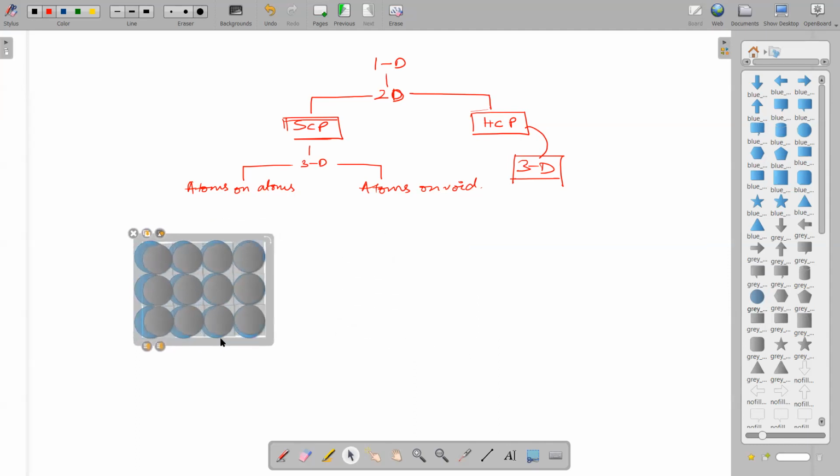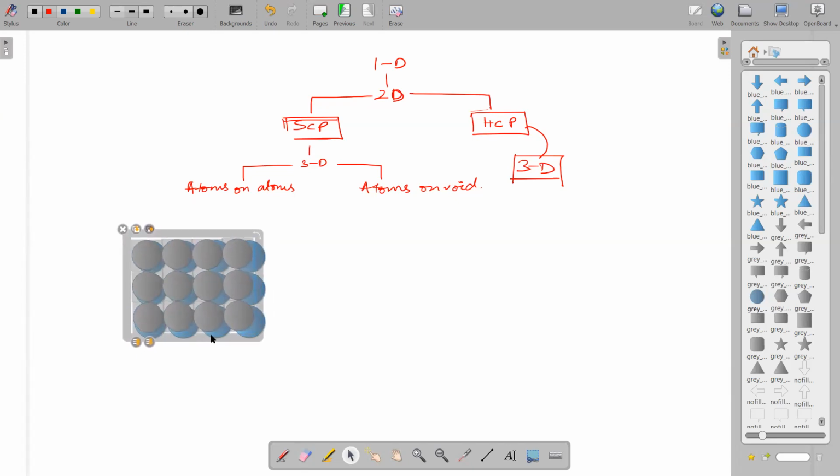Yeah, so I can put it here. Now I hope you can see that there are two layers: a black or gray layer, and below it a blue layer.